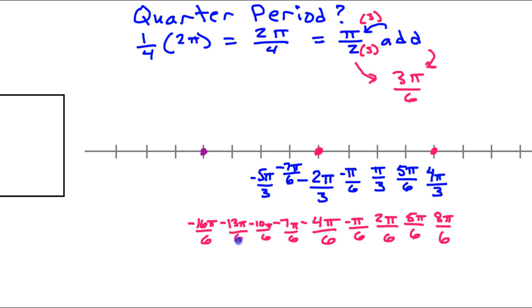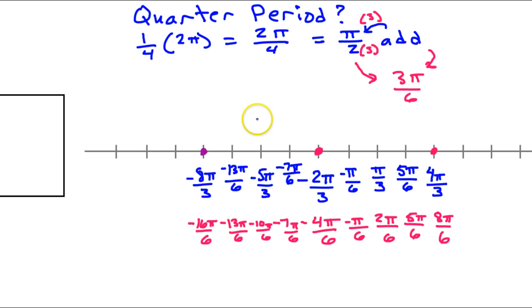Okay, negative 13 pi over 6 can't be reduced. Negative 16 pi over 6 can reduce to negative 8 pi over 3. Alright, so these 9 x values need to be labeled on your x-axis. And I think that the method I just showed you is the most efficient way to achieve that.